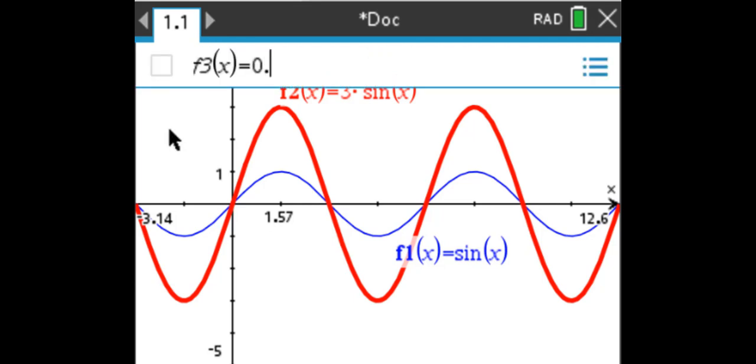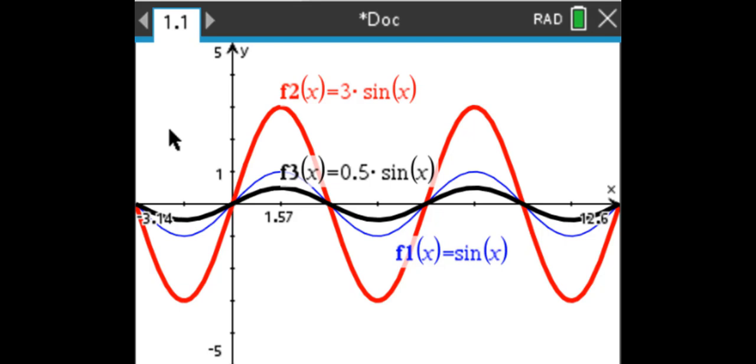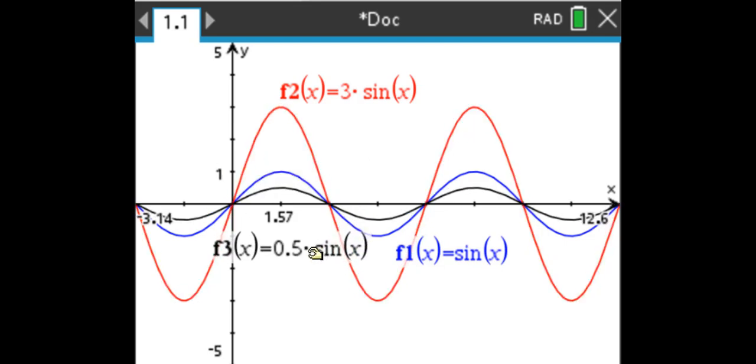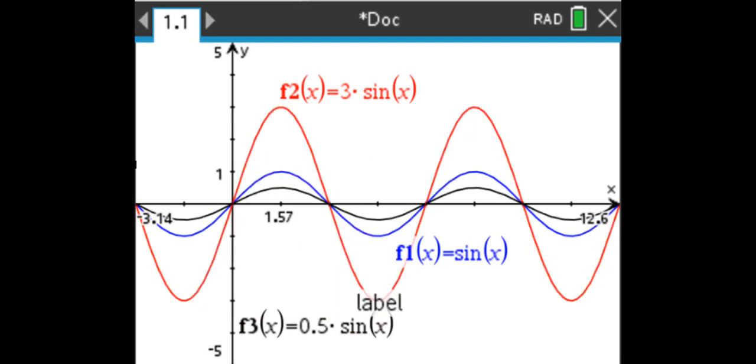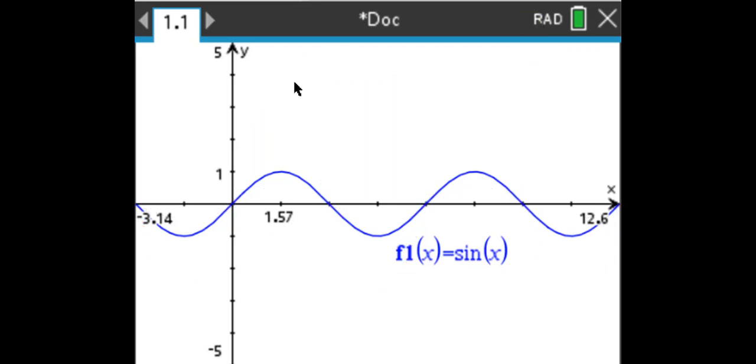Testing that, if I put 0.5 sine of x, I now have an amplitude of 0.5. So the number in front tells us our amplitude.